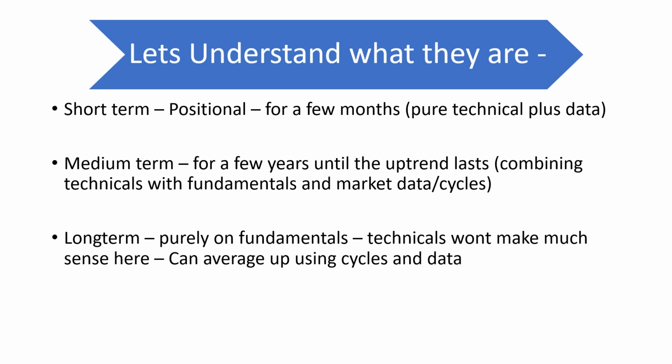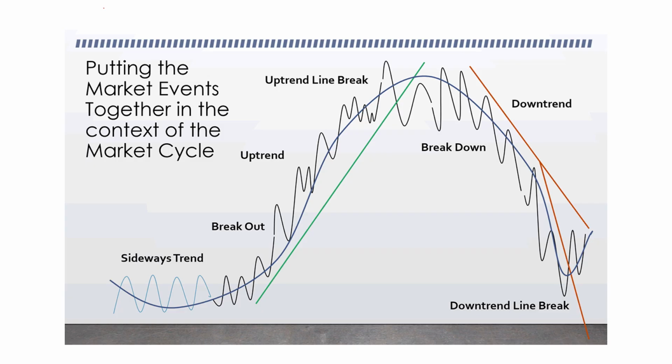Once this is clear, we'll look at how they look on the chart. This is more of a medium term graph that I've downloaded. The blue line that you see, the main one, and the zigzag black line that keeps moving up and down: that zigzag line you can call the short term, and the main blue line you can call the medium term. In the medium term, let's say this uptrend is for 3 odd years.